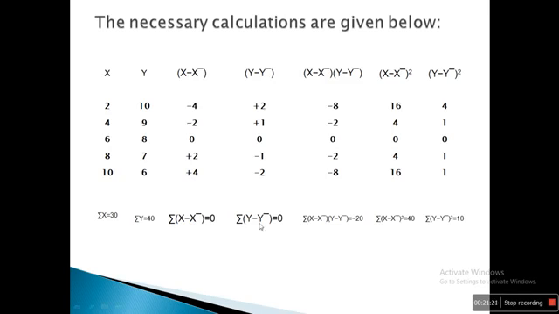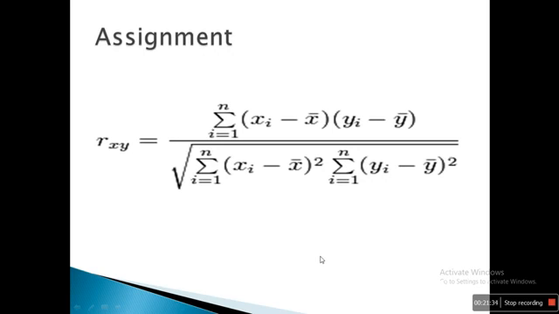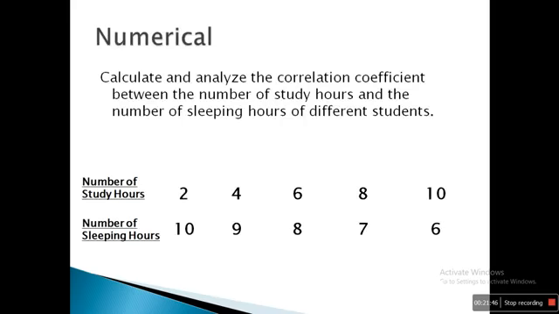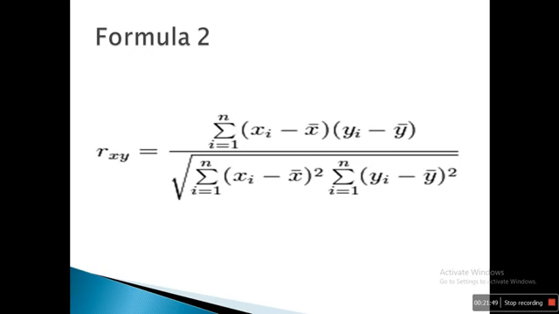Okay. So basically this is your assignment now. On the next slide I have put an assignment for you all. I have given you these values, and now with the help of this formula, you have to calculate the value of R. You have to revisit the formula, see what is happening in the formula, and then try to substitute the values.